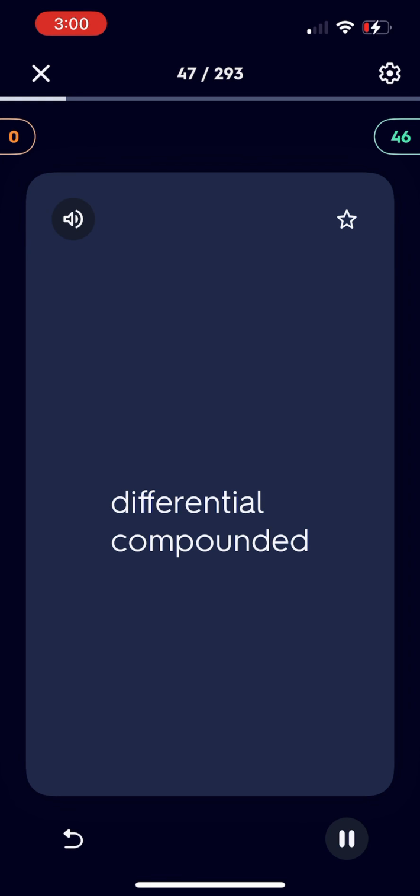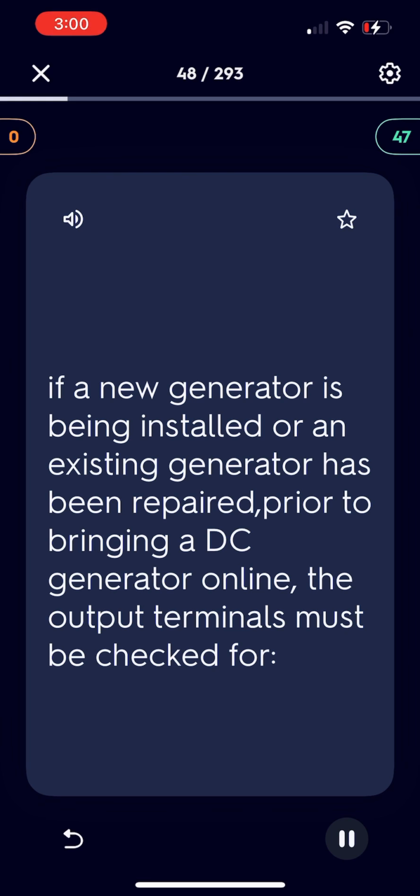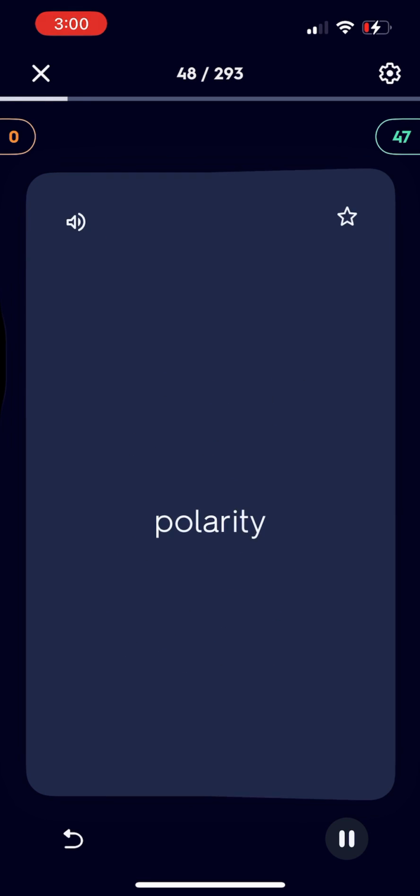If a new generator is being installed or an existing generator has been repaired, prior to bringing a DC generator online, the output terminals must be checked for polarity.